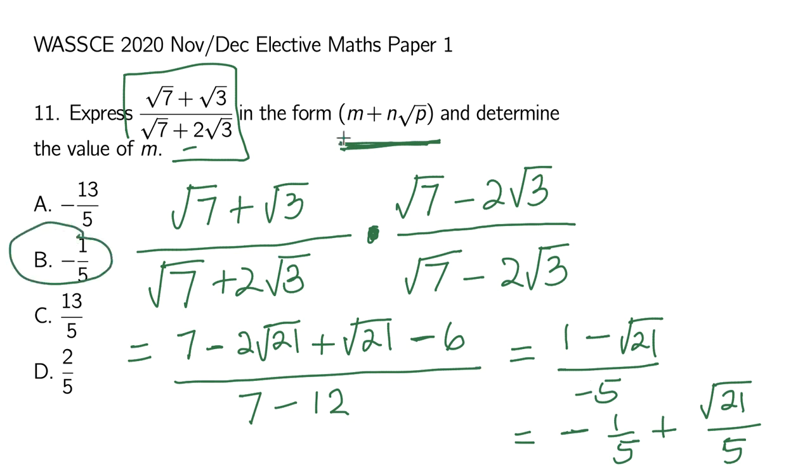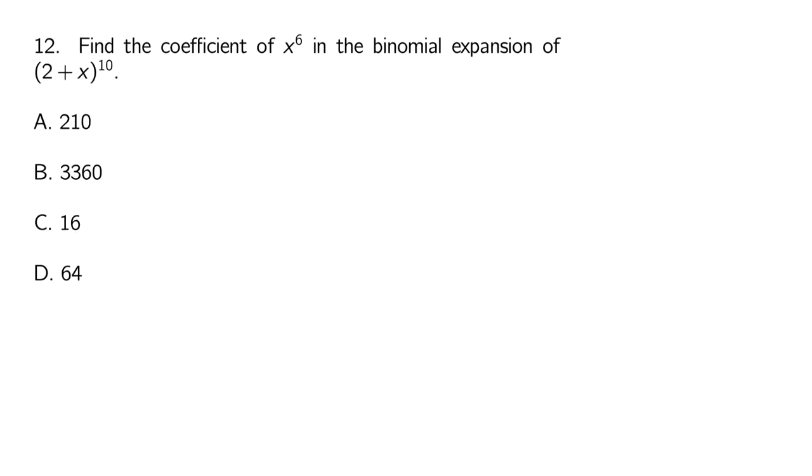In comparing m plus n root p to this, the number with the surd is n root p, so that corresponds to this one. And the number without the surd is m, and that corresponds to minus 1 over 5. So that's the idea.